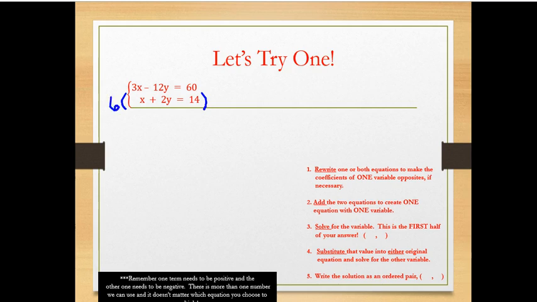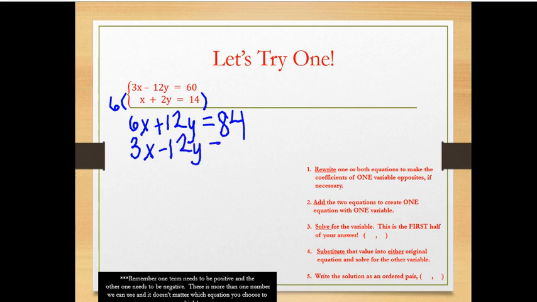And I'm going to get 6x plus 12y equals 14 times 6, which I believe is 84. Yes. And then I need to rewrite my first equation up here so that I can combine them.